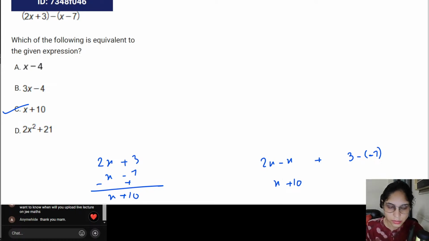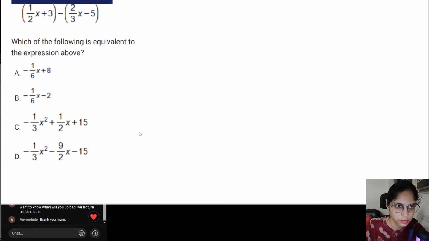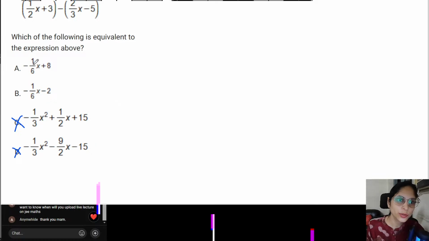Another easy question, 64. Here we are just subtracting, so again, option A and option B are gone because we are subtracting. You can have only these many options. And you don't need to subtract the x coefficients because it's the same.